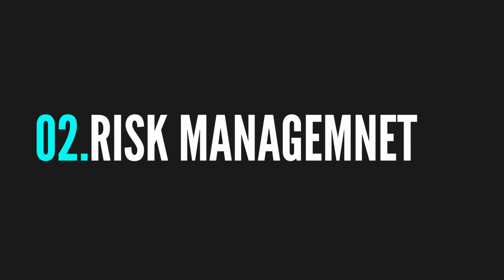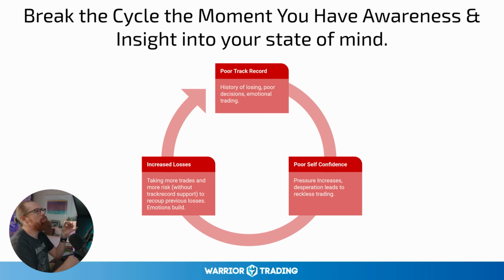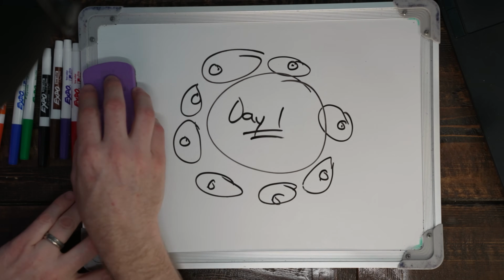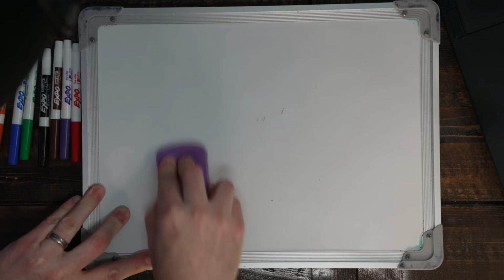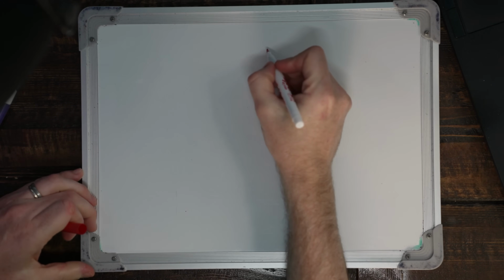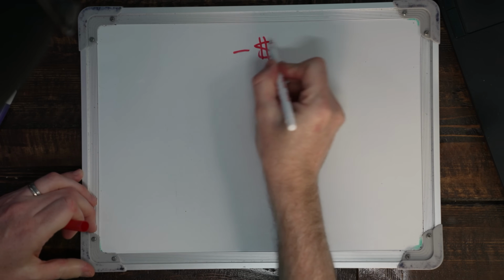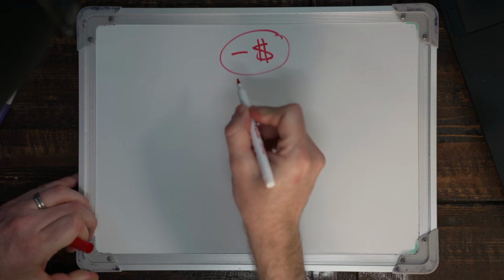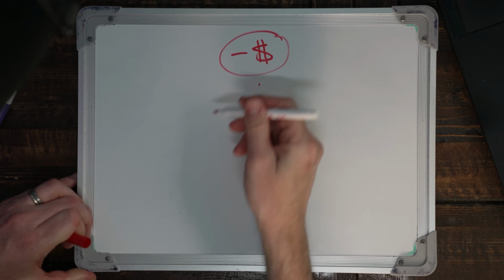You know trading is risky. You've heard it from me a million times. I'm going to say it again. How do we minimize our risk? It first requires understanding that what most traders do is they come into the market and initially they first put money into the market and they lose it, because they do not have a strategy, they don't have a system, and they don't have a set of rules.